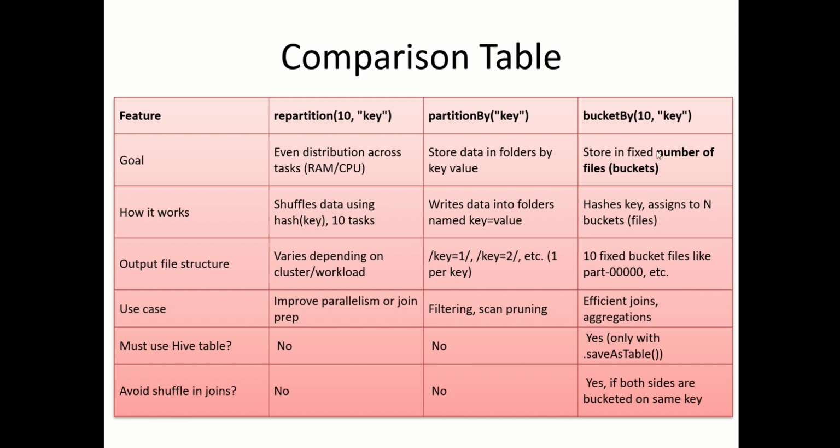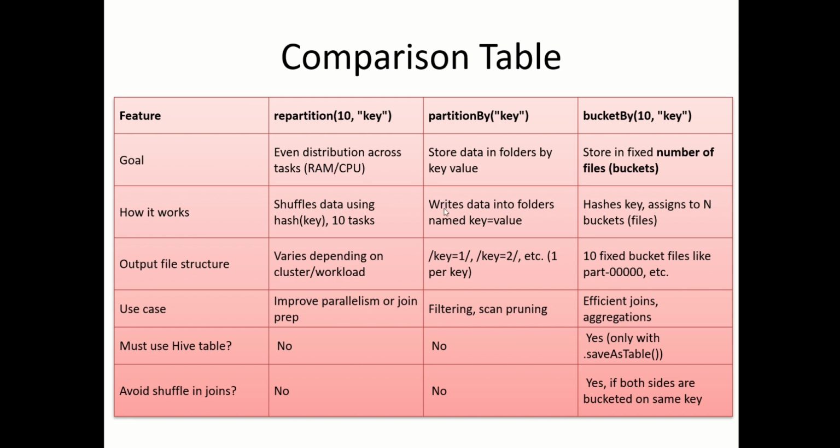But in bucketBy, you can use two things together. You can specify the number of buckets and also the key based on which you want to divide the data. That is the benefit of this. How it works: suppose data is using a hash key and 10 tasks. So it just shuffles the data, and we know that shuffling is a wide transformation, and it is very costly.